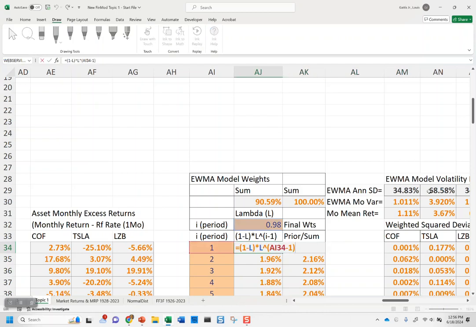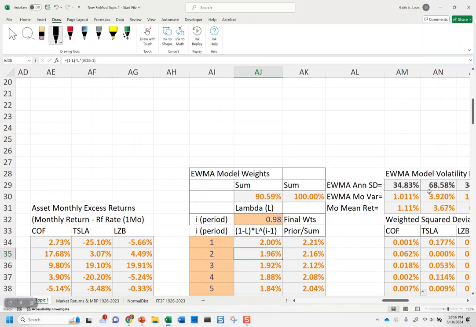EWMA: I start with 1 minus lambda times lambda to the i minus 1. I do that for all historical periods. I then sum all those numbers together. My final weight is the 1 minus lambda factor from the left divided by the sum. These weights add up to 100%.